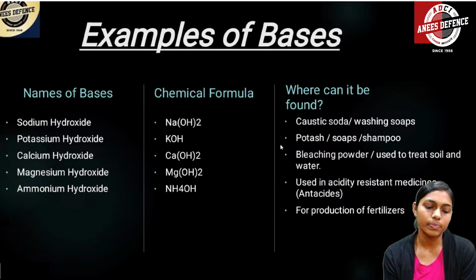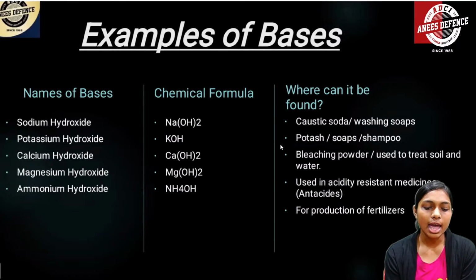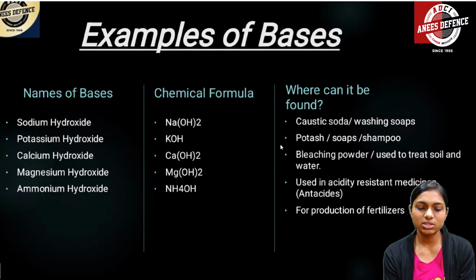Let's come to some examples. Some examples of bases are as follows: NaOH, which is sodium hydroxide, also known as caustic soda, and used in washing soaps. Then comes KOH. KOH is potassium hydroxide, which is also known as potash and also used in soaps and shampoos.